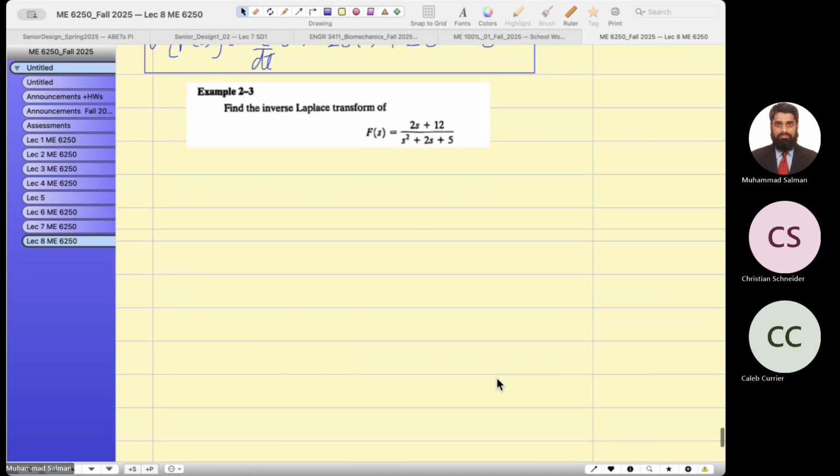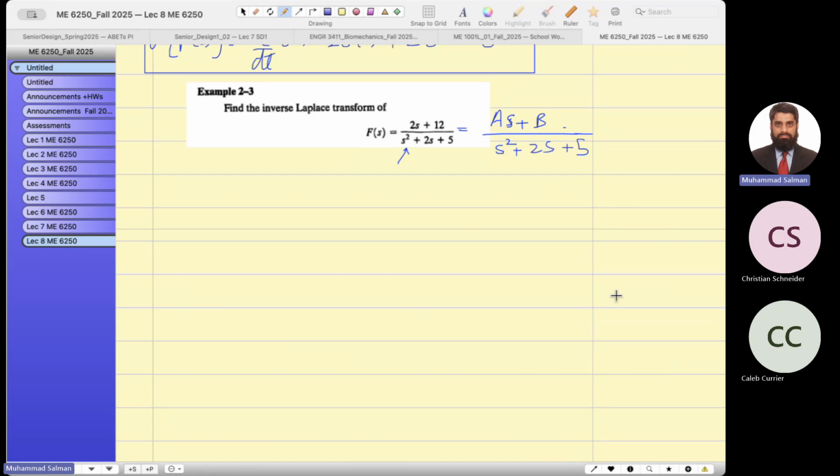Now let us solve this question. We know that the numerator degree is one less, so we can apply partial fractions. If you see the s square, you can write this in terms of as plus b. Do you know what I'm doing for partial fraction? You may have done this before.